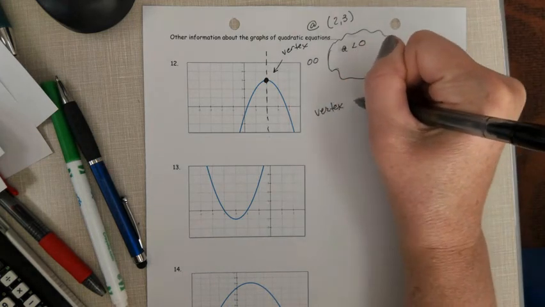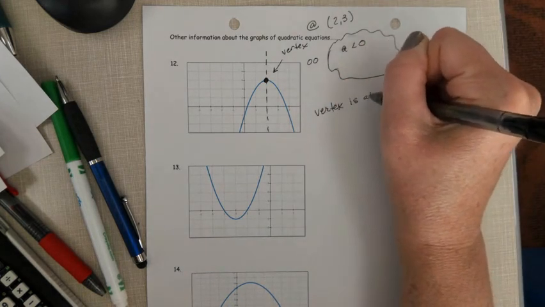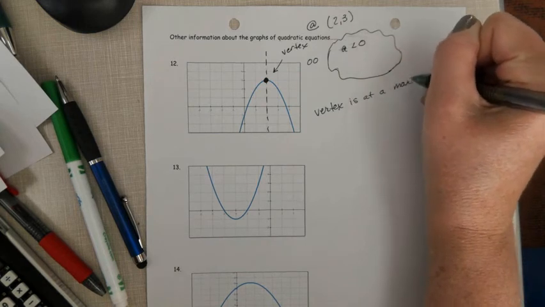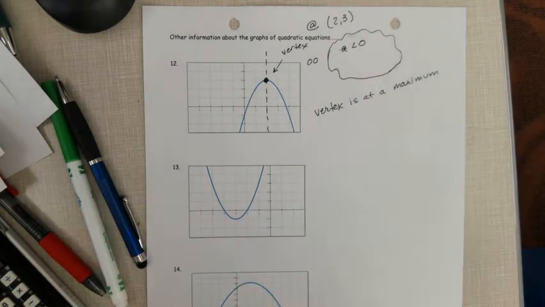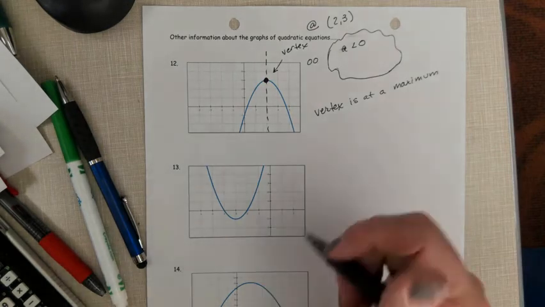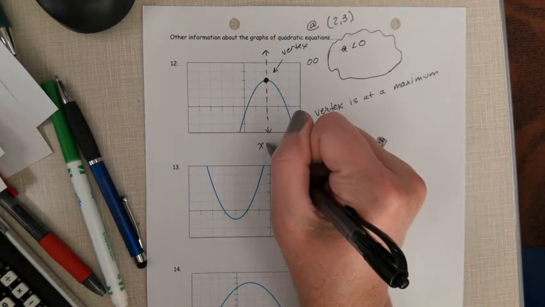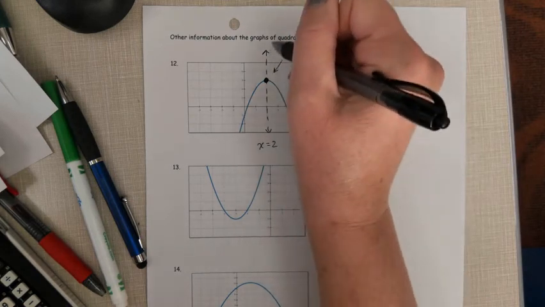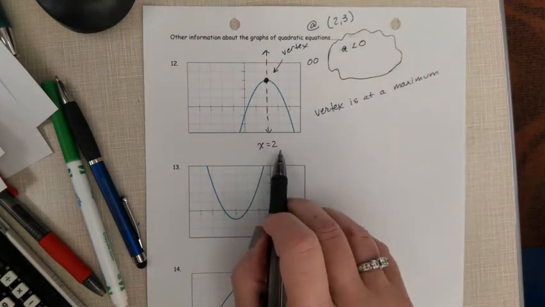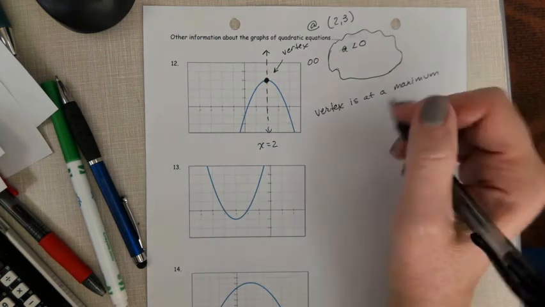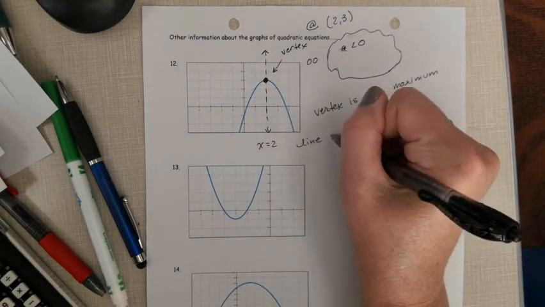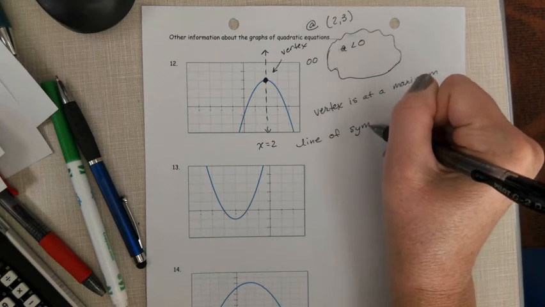So we say that the vertex is at a maximum when it is on the top of that parabola. This line that I cut right down the middle at x equals 2, remember a vertical line is x equals, is called the line of symmetry.